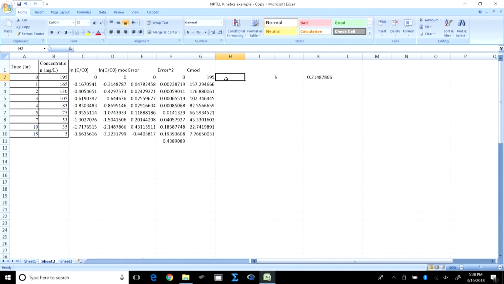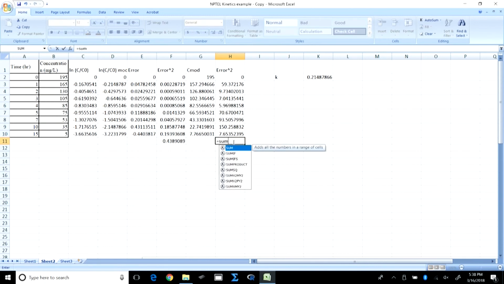The error square I am going to calculate directly, here, equal to C model 1 minus the actual, to the power of 2, and then I drag and drop that, and here is going to be the sum of squared errors.